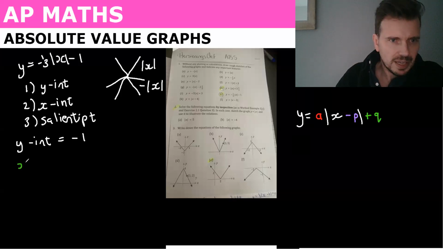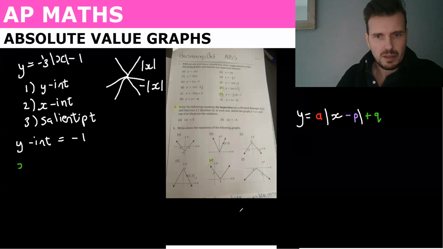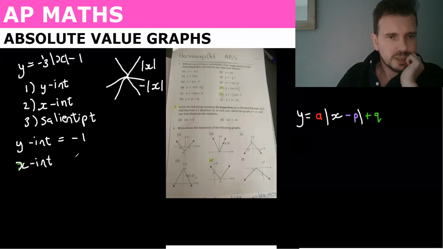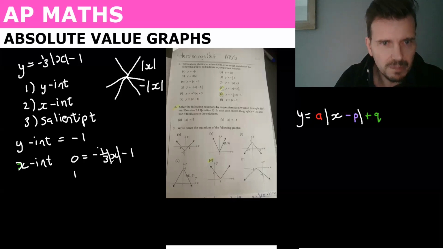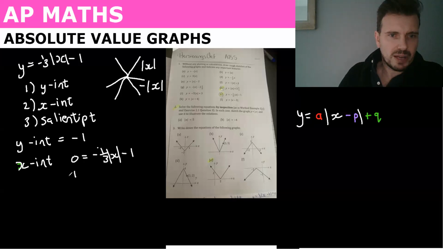So the x-intercepts: if we make y equal to 0, it's going to be 0 equals -1/3 absolute value of x minus 1. We take the 1 across to become +1, and we get 1 equals -1/3 absolute value x.